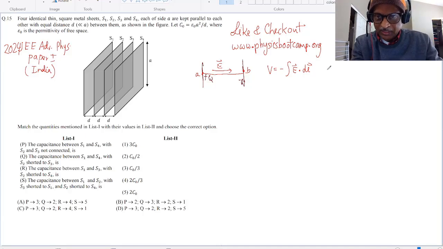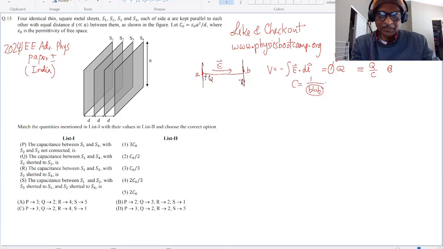After you integrate, the answer will come out proportional to Q, and there will be some blob here, and then you can identify this as Q over C. Then C will be simply 1 over that blob. That's what the capacitance is. That's the fundamental definition of capacitance.